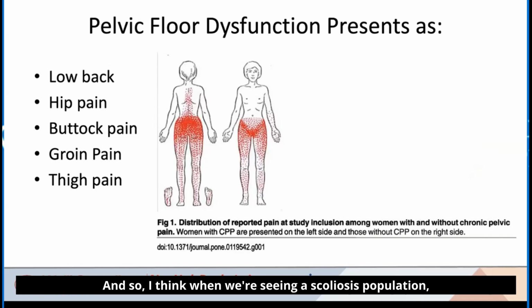When we're seeing a scoliosis population, you're very likely going to see some of this: back, hip, buttock, very common complaints. So thinking about the pelvic floor in relation to the other joints and the spine is important, because of course there's such tremendous overlap.